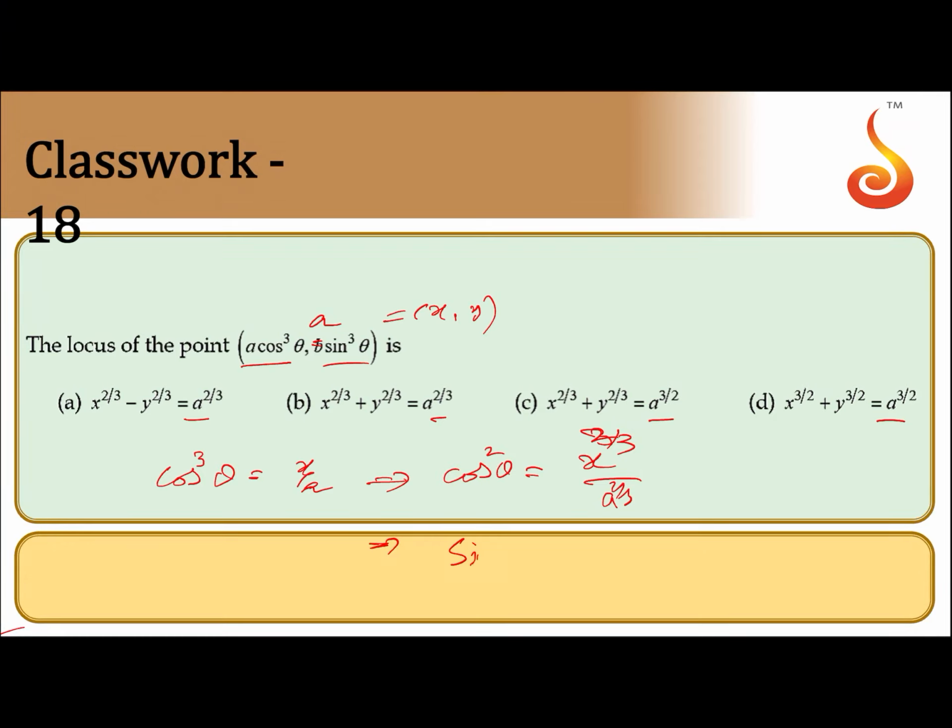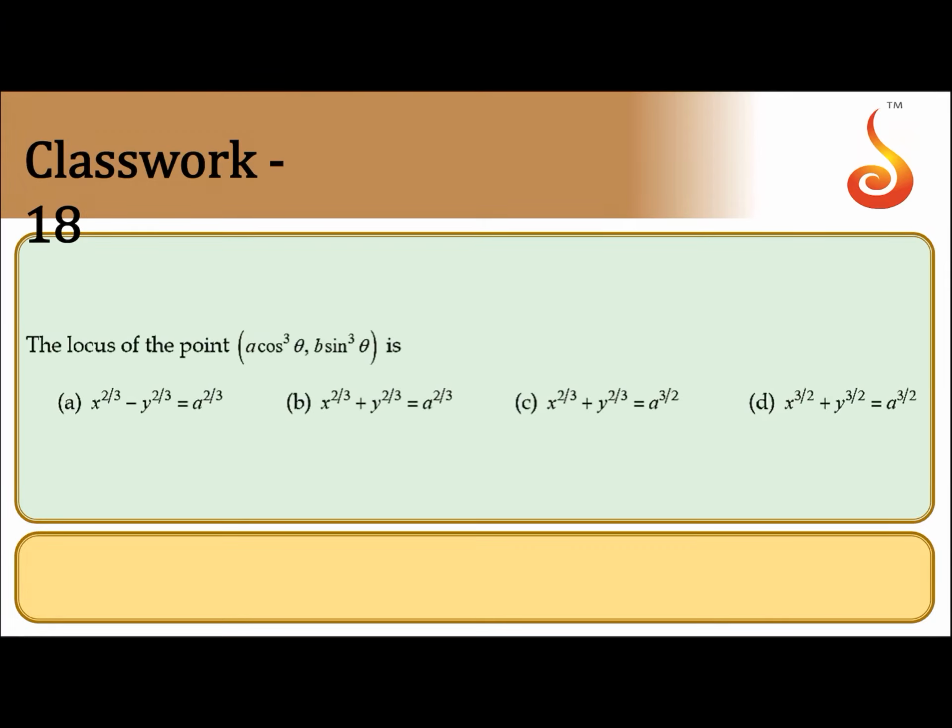Similarly, from the other one, sin square theta is equal to y to the power of 2 by 3 by a power 2 by 3. As sin square plus cos square is 1, x power 2 by 3 plus y power 2 by 3 is equal to a power 2 by 3. So the answer is B option.